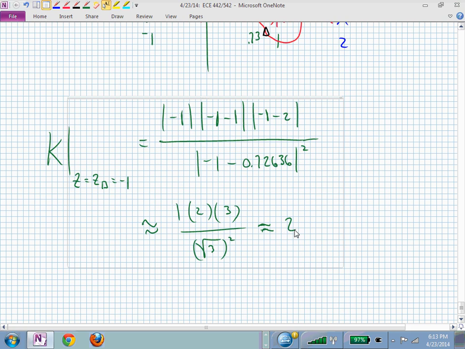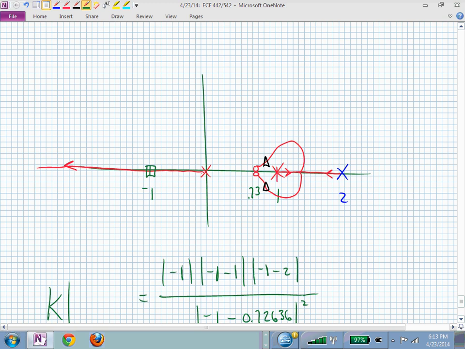Is that a good thing or a bad thing? We crank up the gain from 0, and we move along our root locus, and we get to a gain of 2, and we hit the square, which means that we might be there.